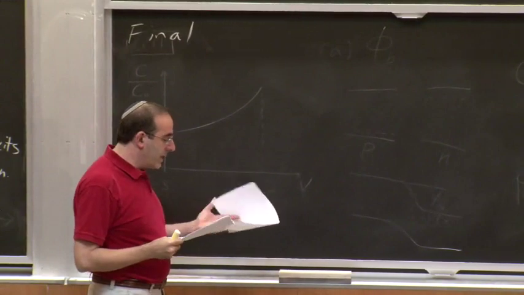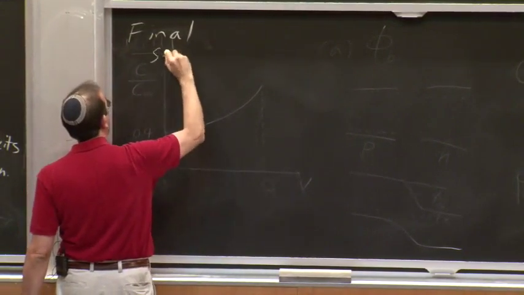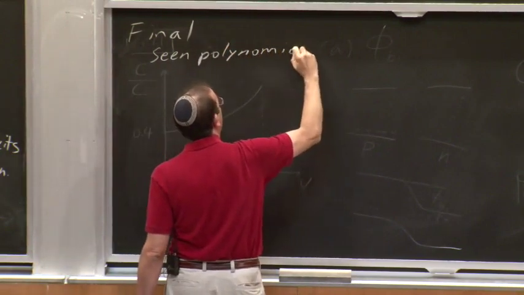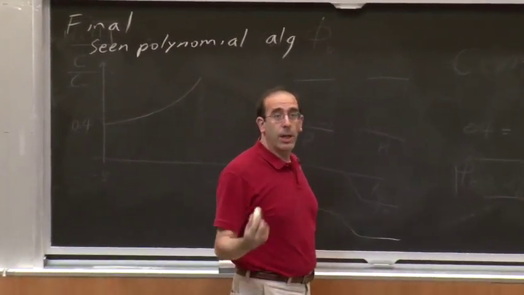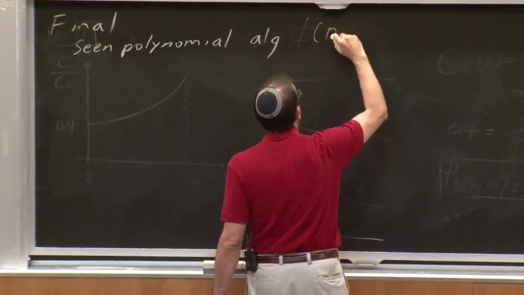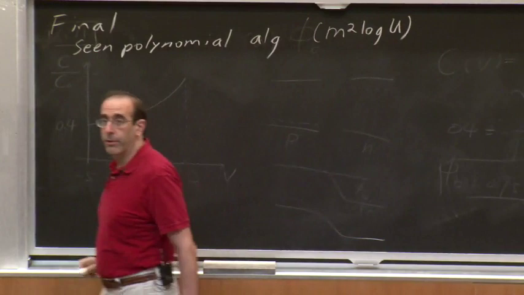So final words on min-cost flow. Just what's the status of min-cost flow. I mentioned this briefly last time, but we have now seen polynomial algorithms. I say polynomial and not strongly polynomial because there is this m squared, because there is this log U dependence.